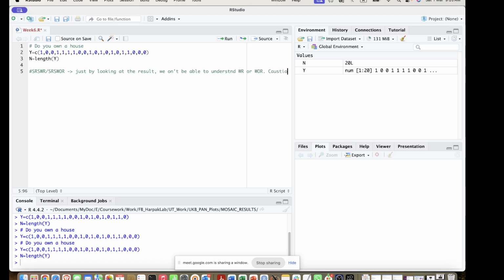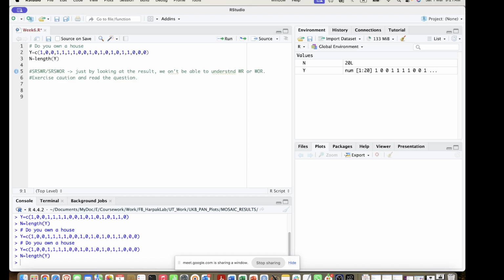In that case, we should exercise caution and read the question. Whatever the question says is going to guide you which formula to use.